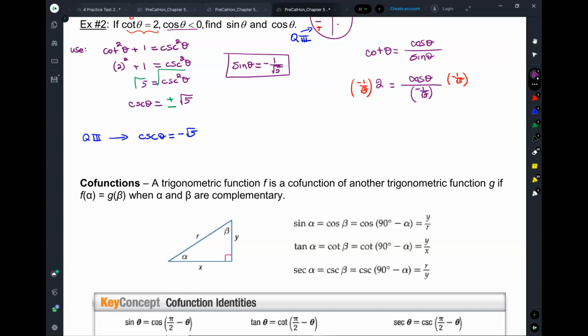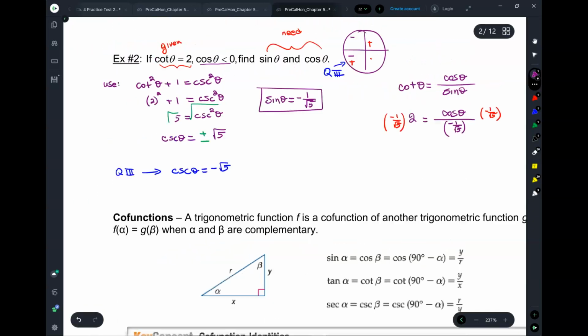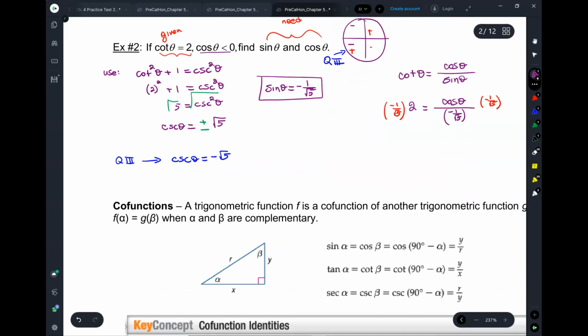How do we know it's negative? Because you know how when we did the unit circle here, we decided that it was in quadrant 3? In quadrant 3, cosecant or sine is negative. Oh, yeah. All students take calculus. So now cosine theta is equal to negative 2 over root 5.